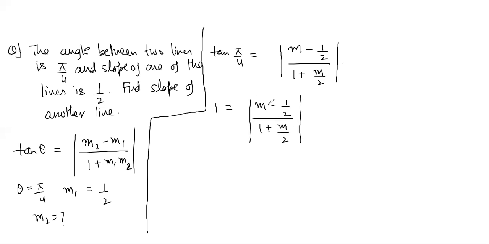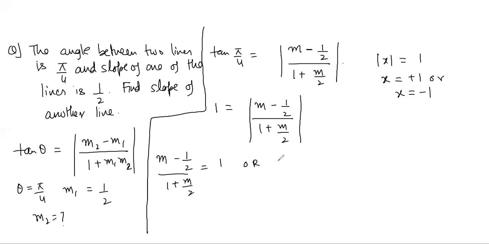So mod of x equal to 1 means that x can be plus 1 or x can be minus 1 also. So it means that either m minus half upon 1 plus m/2 is equal to 1, or m minus half upon 1 plus m/2 is equal to -1. Solve both of them and find the value of m.